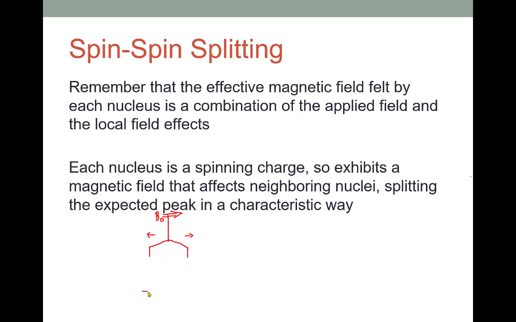That signal, instead of being in the middle, would actually be split into two peaks of equivalent size, a so-called doublet with a 1-to-1 ratio.